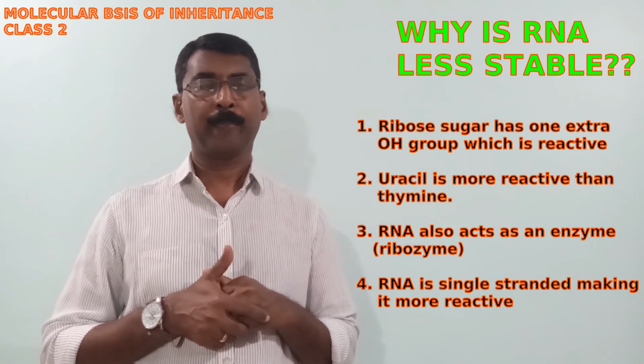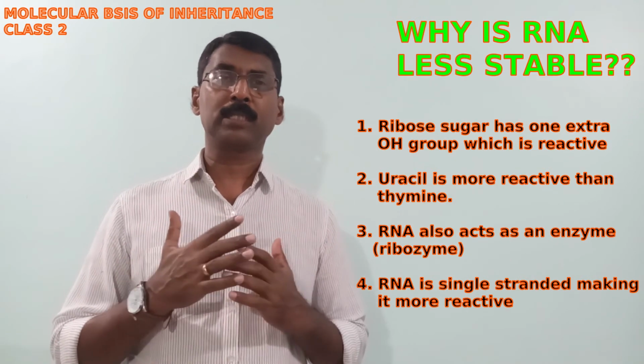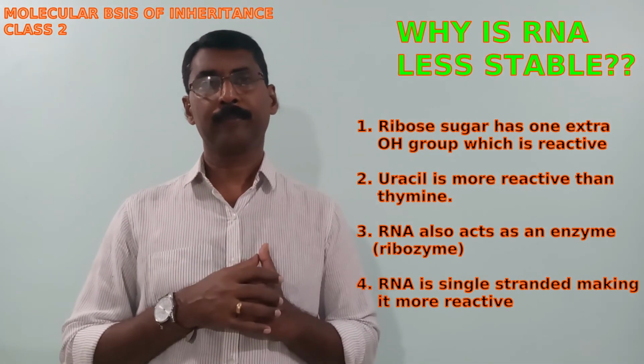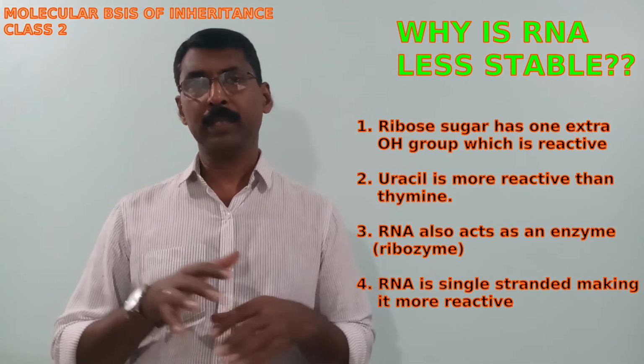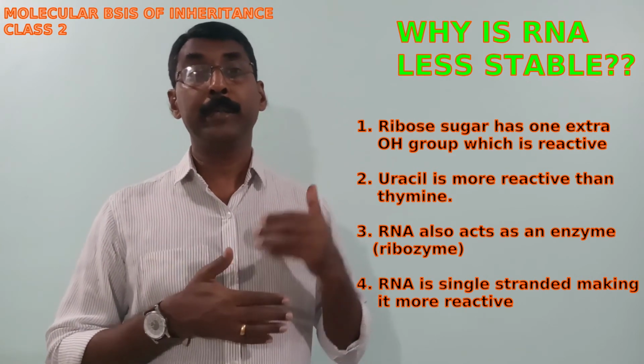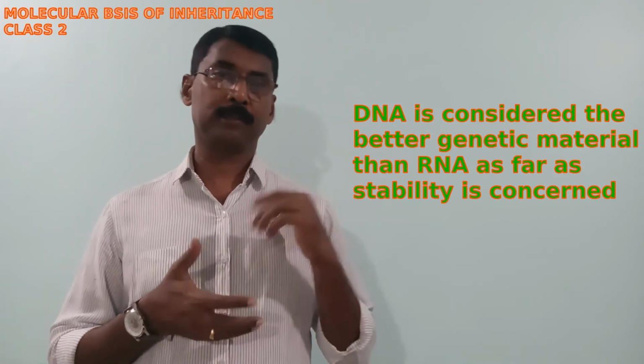Okay. So when we compare the stability of RNA and DNA, even though both are genetic materials, we can say that DNA is a better genetic material as far as stability is concerned.